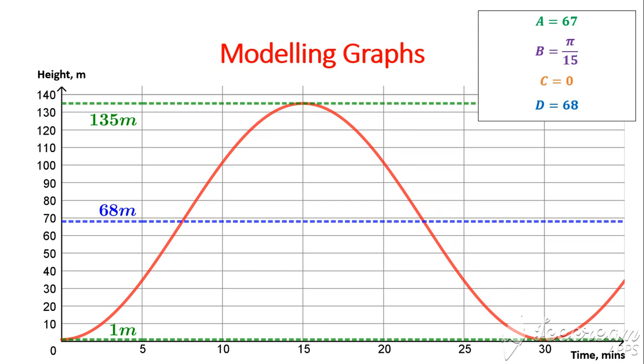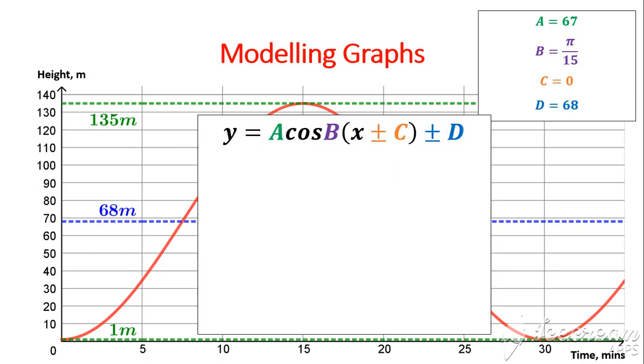Right, well we have all the values we need, A, B, C, and D. We're going to put them all together in our equation. So here is the equation, y equals A cosine, we're treating it as a cosine. We put B out the front of the brackets. In brackets, we go x plus or minus c, close brackets, plus or minus d. So A is 67. Now we're putting a negative 67 because we want it to be a negative cosine.